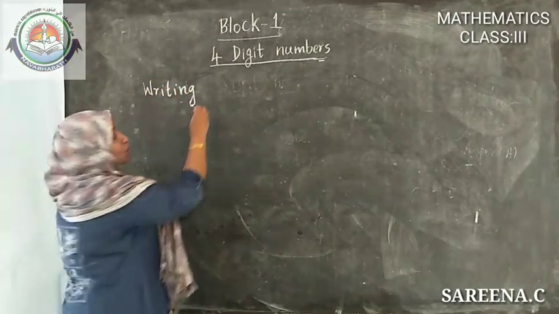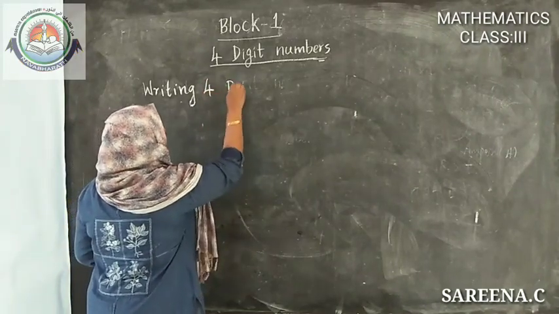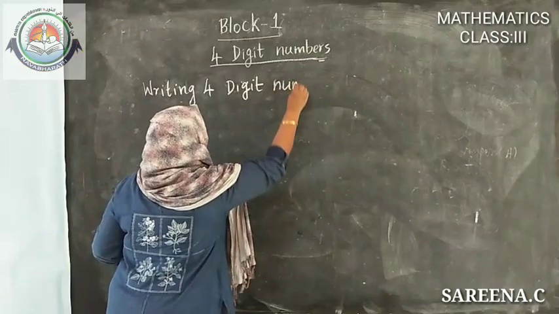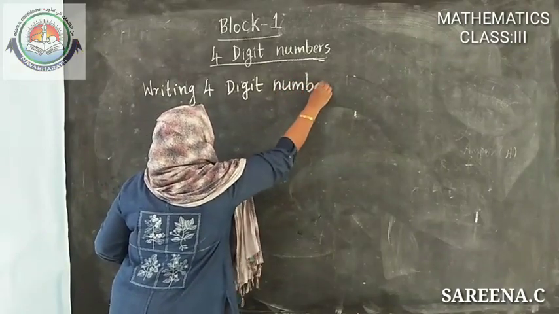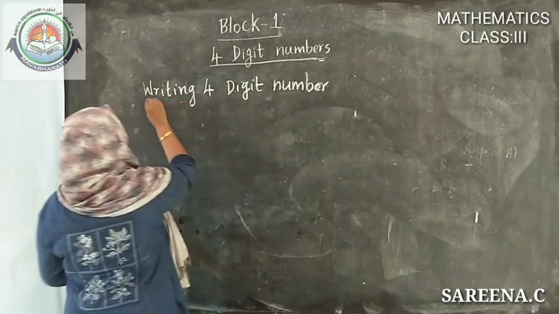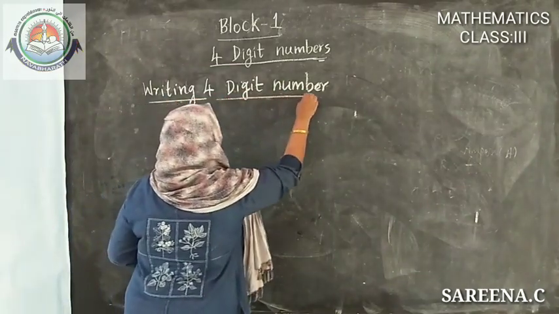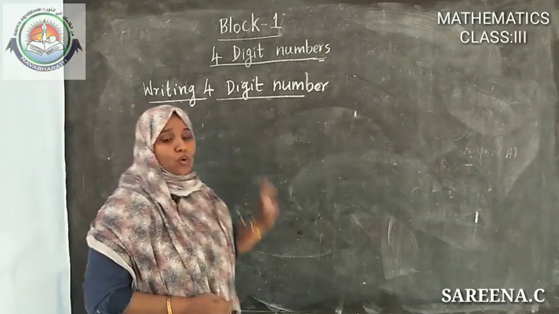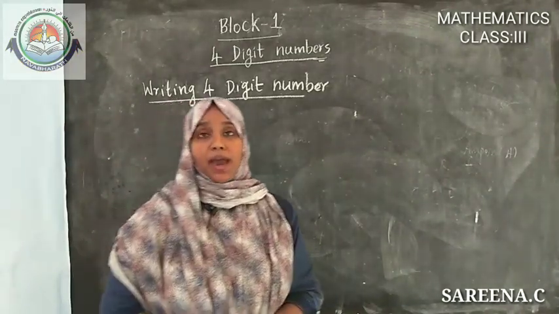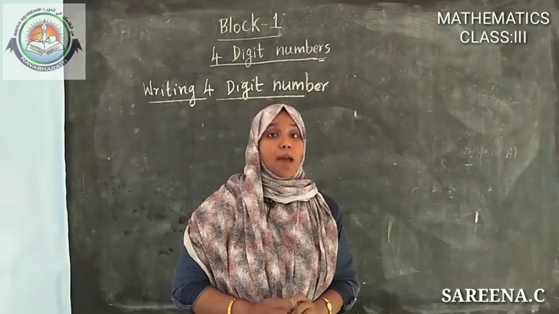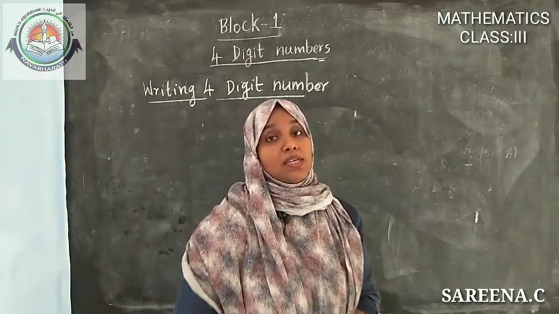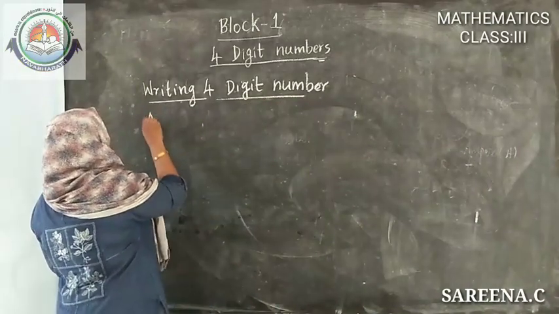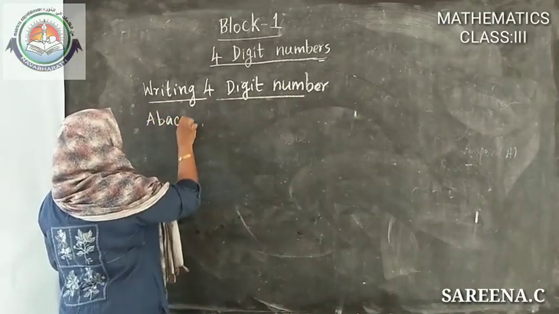Writing a 4-digit number. A 4-digit number we can show in an abacus or a place value chart. Have you heard of an abacus?